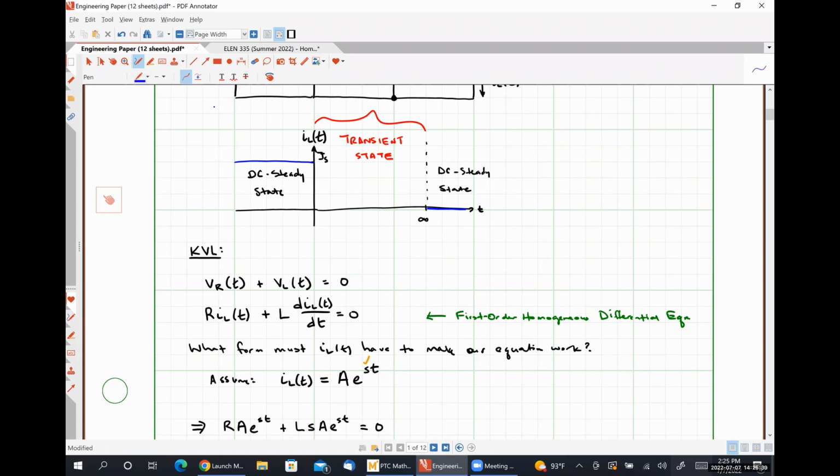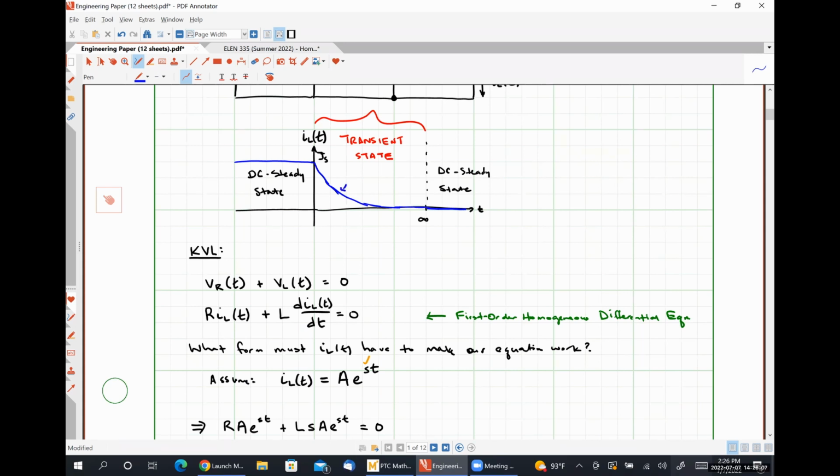So what we should observe for this circuit, and really any circuit which contains resistors and inductors, is that our current will exponentially decay from some initial value down to 0.